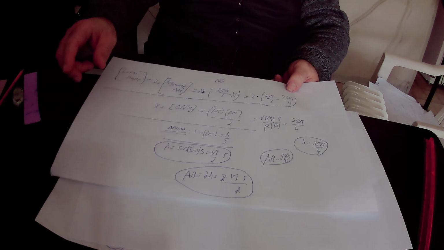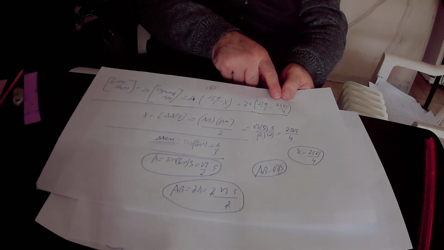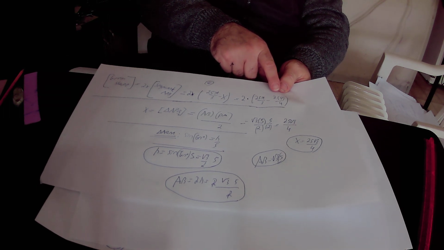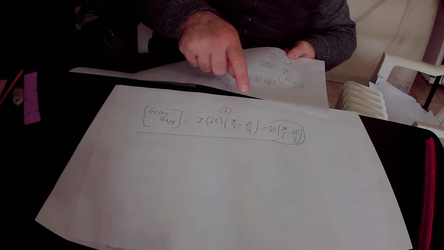And what is left inside the brackets after we took 25 as a common factor from 25 times square root of 3 over 4 is actually square root of 3 over 4.